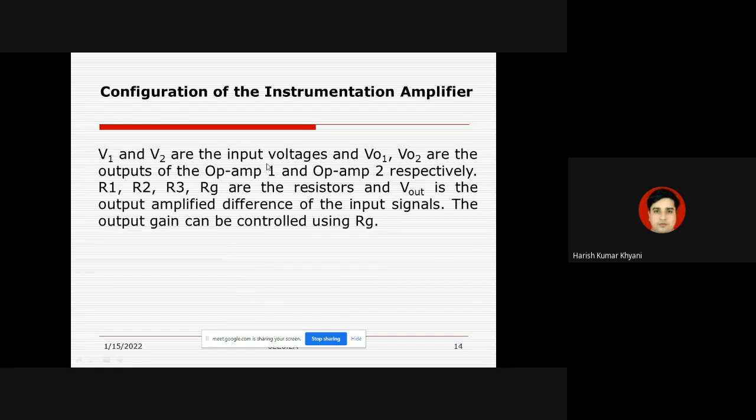V1 and V2 are the input voltages we have already said, and V01 and V02 are the output of the op-amp 1 and op-amp 2 respectively, as far as the buffer circuit is concerned, right? R1, R2, R3 and RG are the four resistors and V out is the output amplified difference of the input signals. We are supposed to derive this expression, and the output gain is controlled by using RG. I have also mentioned this point.